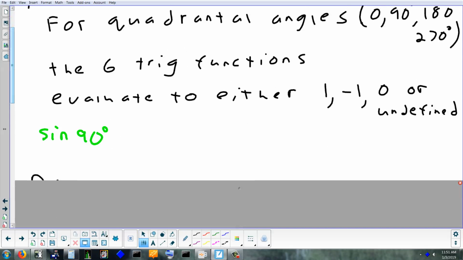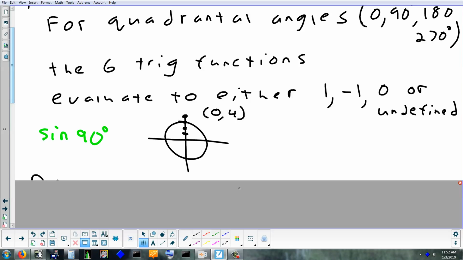So in terms of thinking of it on a circle, where should I put a point for 90 degrees? You can put it anywhere on the positive y-axis. Here, here, here, here. It doesn't matter. Let's say you put it right there, and let's say that that coordinate is 0, 4.